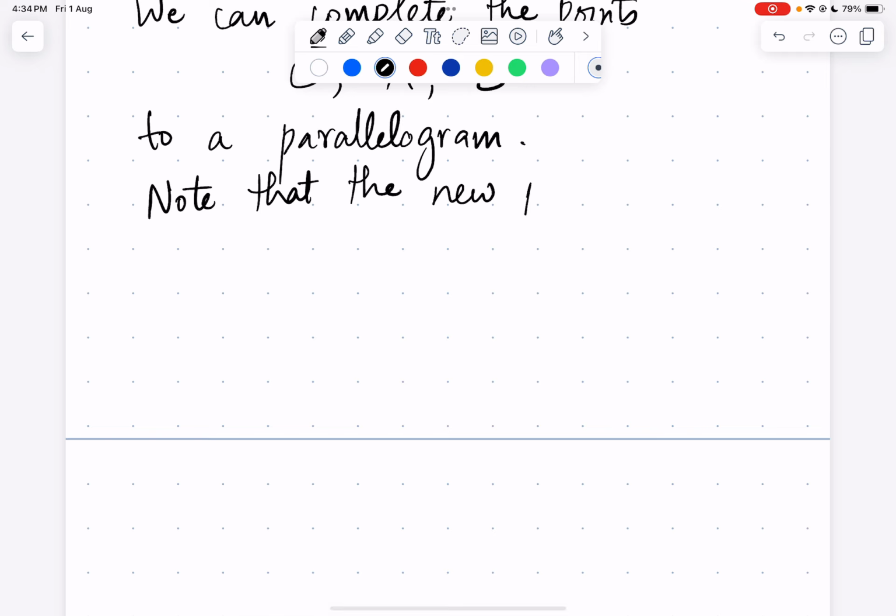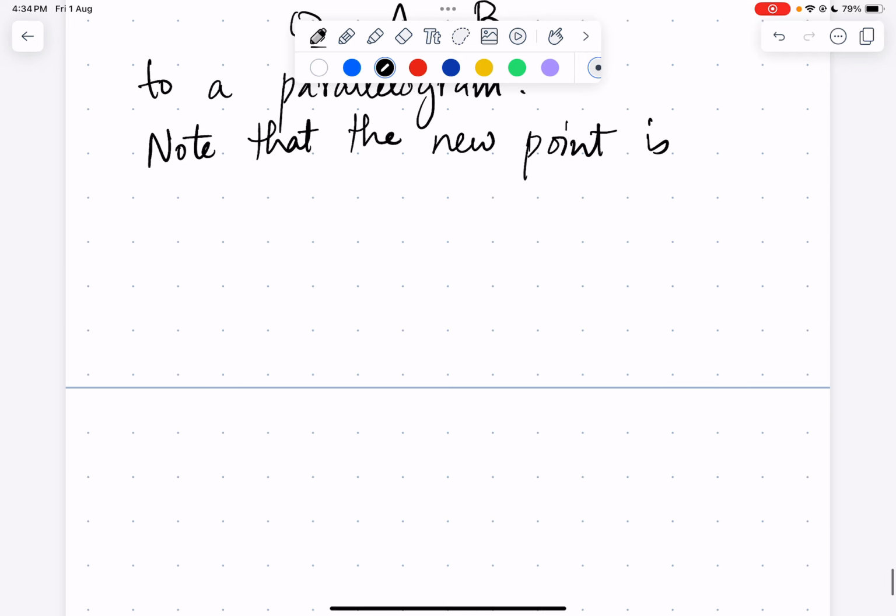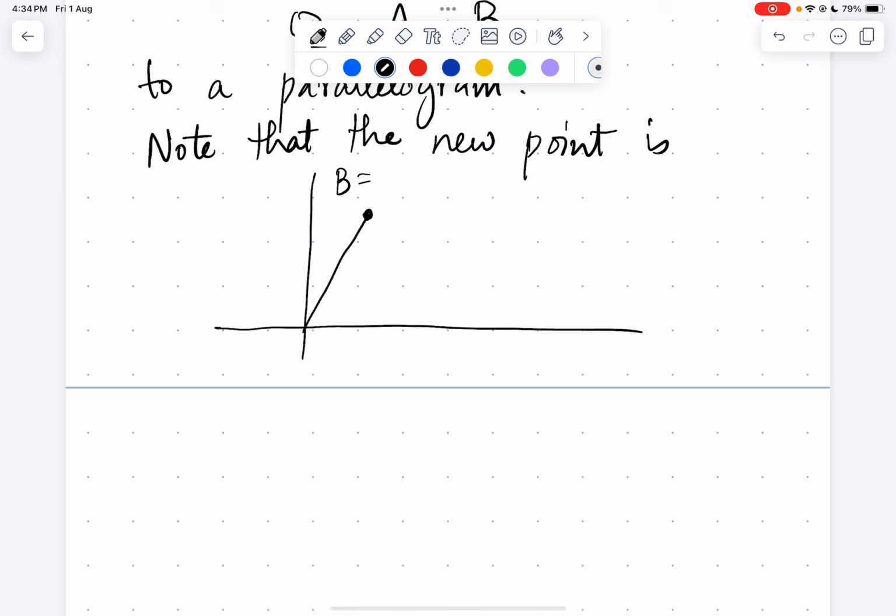Note that the new point is here. Here's b equals b1, b2. A equals a1, a2.